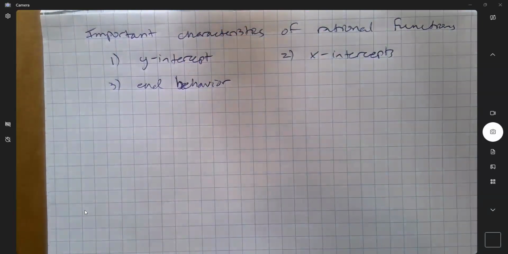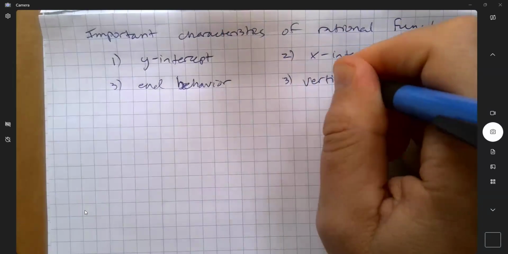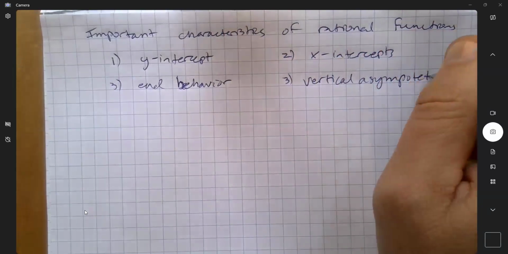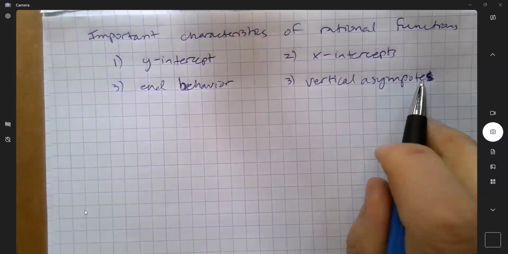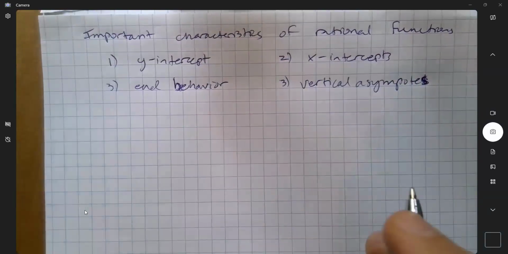We don't care as much about turning points. Instead, what we care about are vertical asymptotes, places where the function value gets very, very big towards positive infinity or very, very negative towards negative infinity.